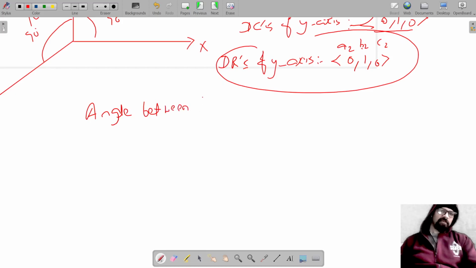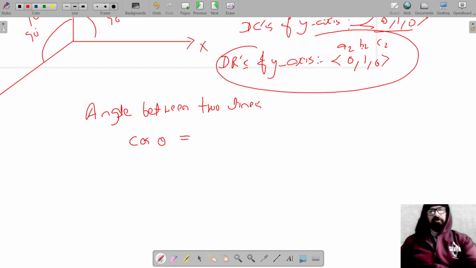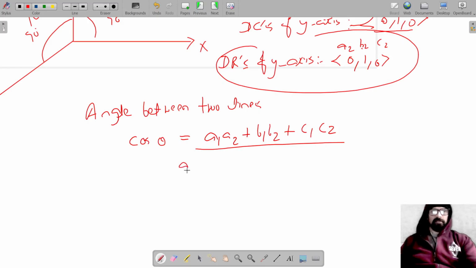So now we have to find the angle between the two lines, which is the given line and the y-axis. It is given by the formula for cos theta. If we write down the formula, this is A1 into A2 plus B1 into B2 plus C1 into C2, divided by the square root of the sum of the squares of the direction ratios of the first line, into the square root of the sum of the squares of the direction ratios of the second line.